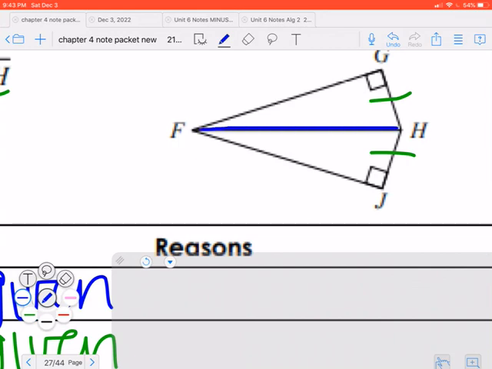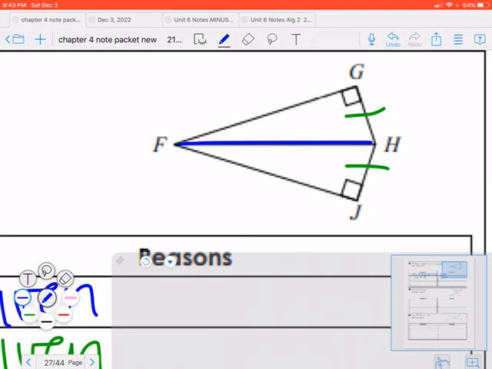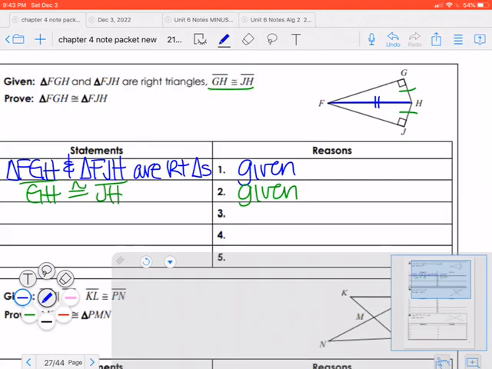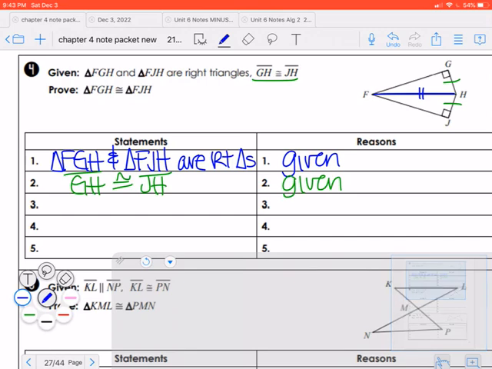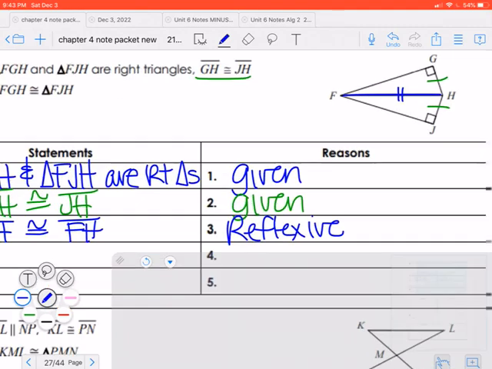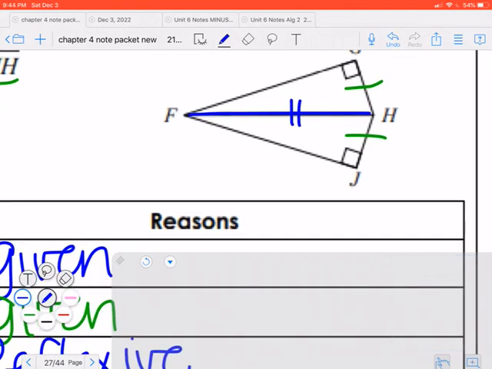This guy, FH, is sharing a side. It belongs to the top triangle and the bottom triangle. So I need to say that that side equals itself, is congruent to itself. FH is congruent to FH by the reflexive property.